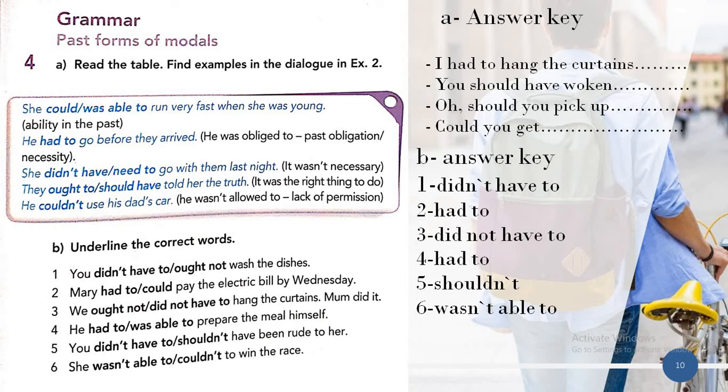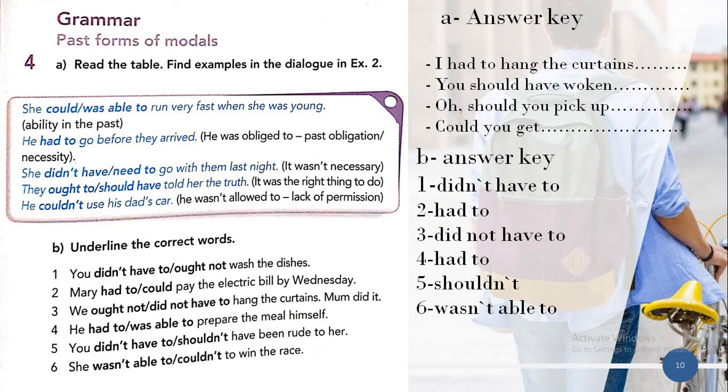Mom did it. 4. He had to prepare the meal himself. 5. You shouldn't have been rude to her. 6. She wasn't able to win the race. Okay, please, dear students, make sure you underline the correct verbs.